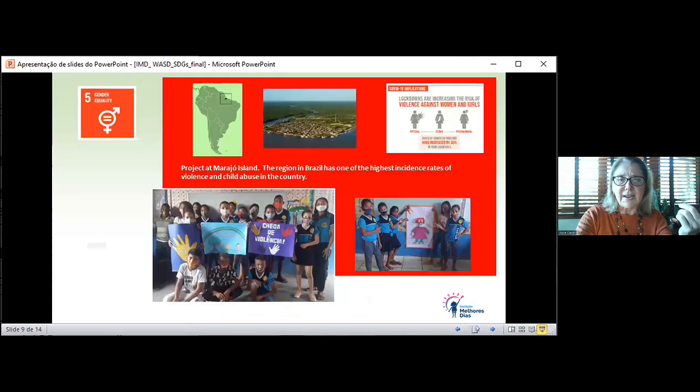And then I'll go to the next one, gender equality. We still have a lot to go when talking about gender equality for women in Brazil and in many parts of the world. And we have been working in this project at Marajó Islands, right there at the top of Brazil. As you can see, this little point there, it's in the Amazon.